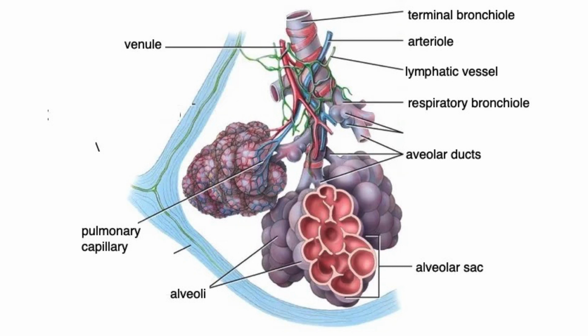You can see that a little bit on that left alveolar sac. You can see both venous and arterioles, capillaries that are in contact with those membranes, and that's where the exchange of oxygen going one way and CO2 going the other way is going to take place.